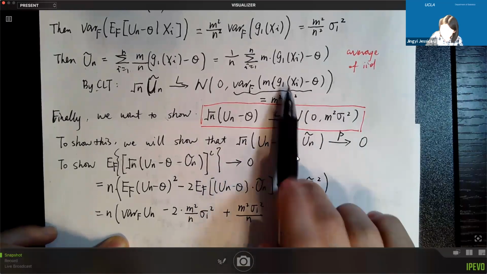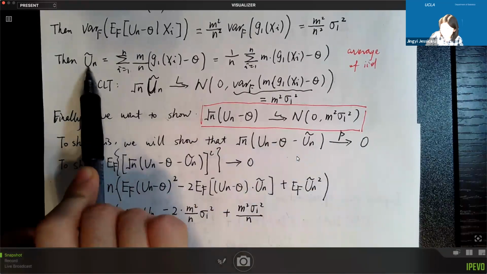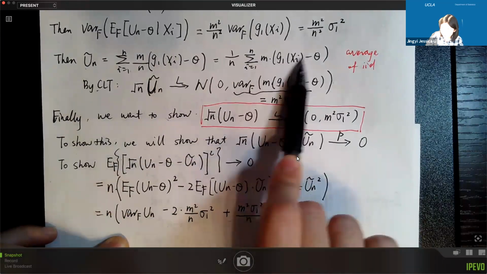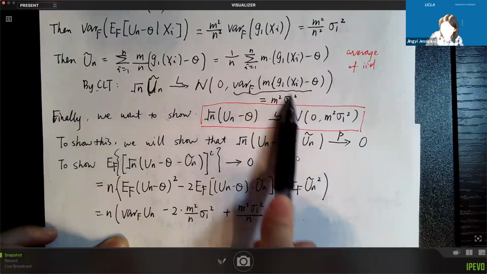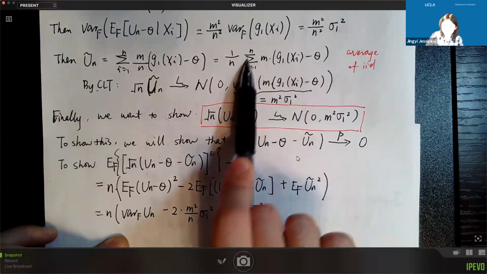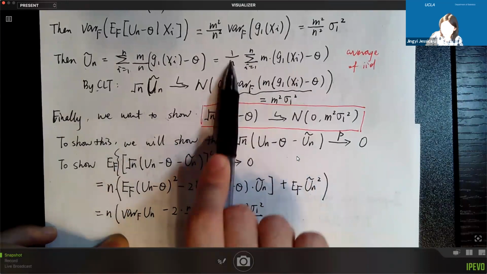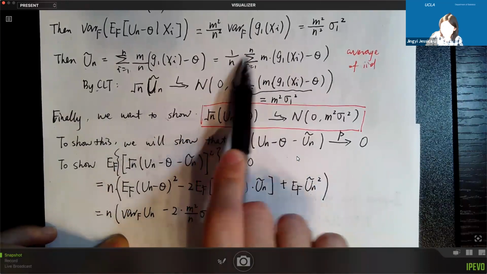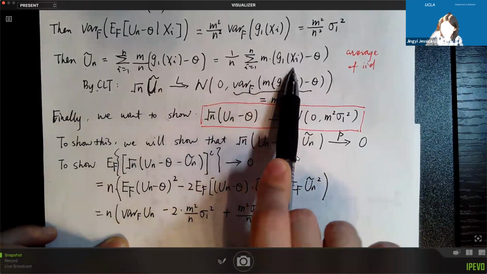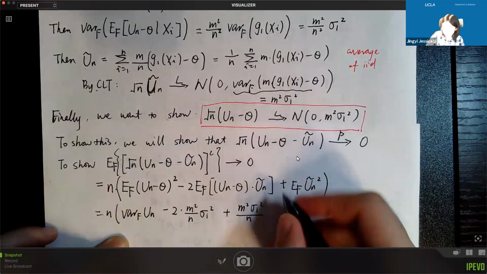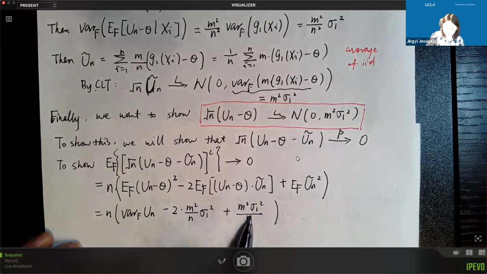That's also the variance of U_n tilde, because the variance of each term is m squared sigma 1 squared, and we have n such terms, and we have this 1 over n outside. So the variance becomes 1 over n squared times n times m squared sigma 1 squared. So we can cancel one copy here and here.